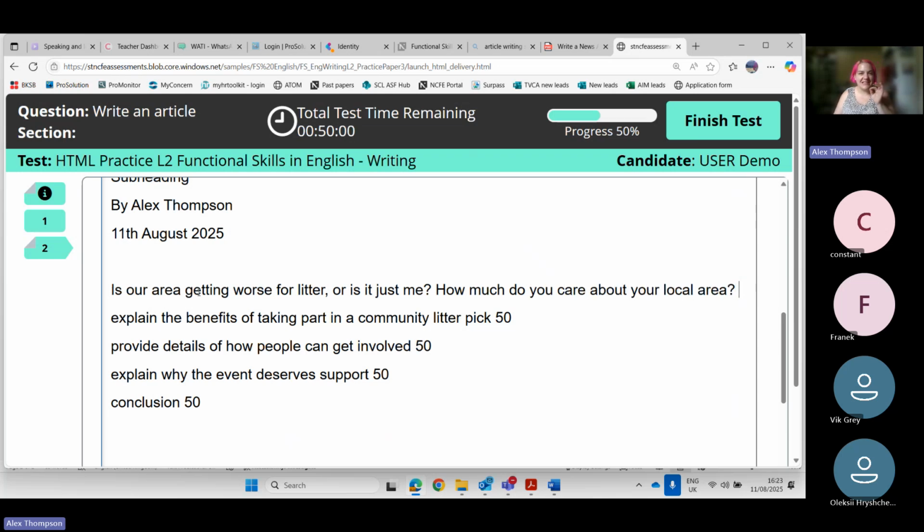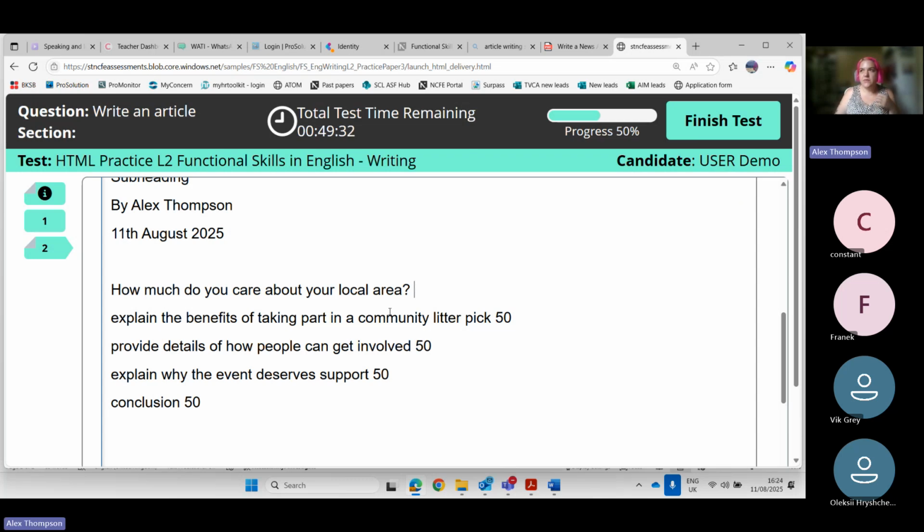That's nice because that adds a little bit of emotion as well, almost a little bit of guilt. I prefer that second option. How much do you care about your local area? Because automatically people reading will think, yeah, I care. So they keep reading, find out what the link is between the question I'm asking and the information I'm giving them. So how much do you care about your local area?